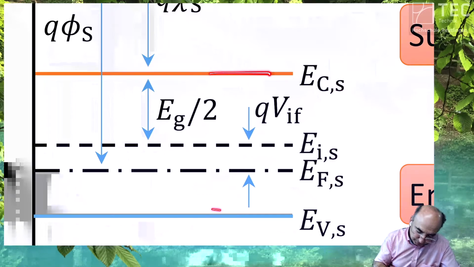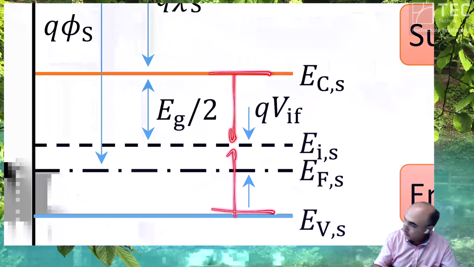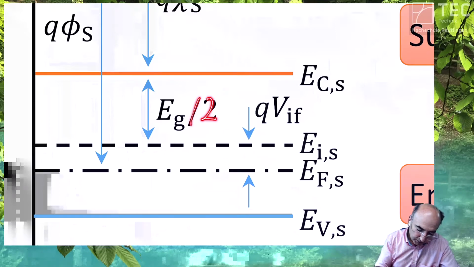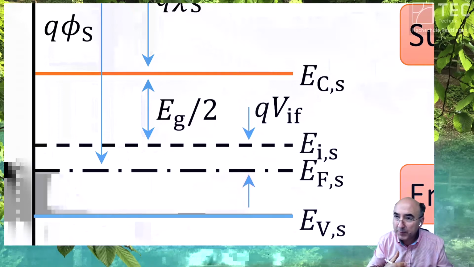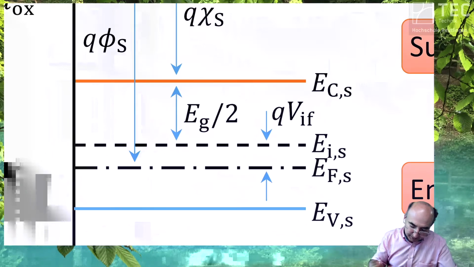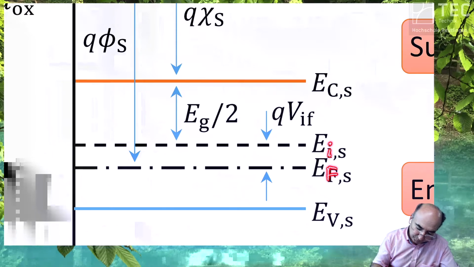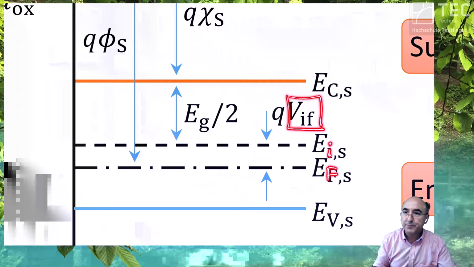The intrinsic level is in the center of the band of the silicon, so it's halfway between them. The Fermi level is close to the valence band because it's p-type. It's boron doped. And the difference between the intrinsic level and the Fermi level is the so-called VIF.